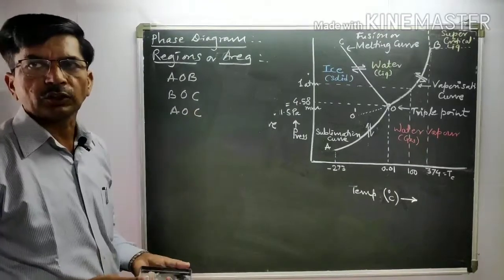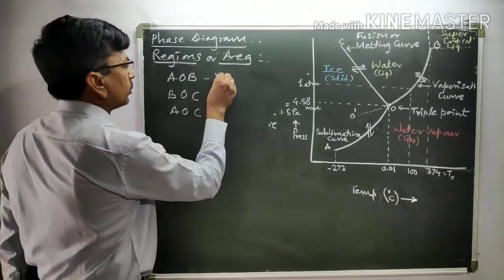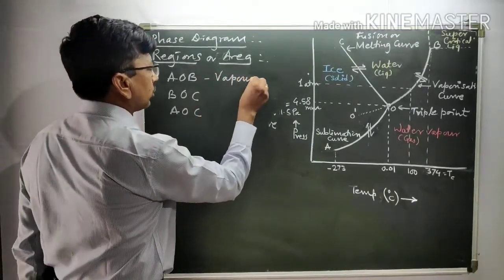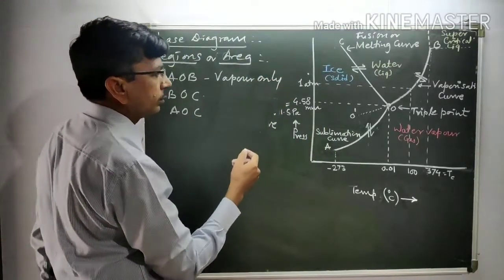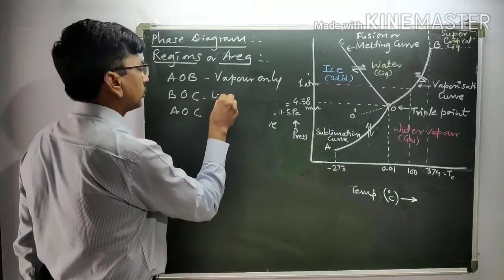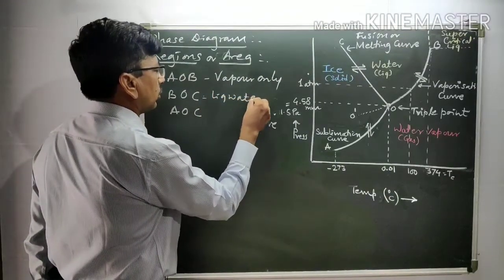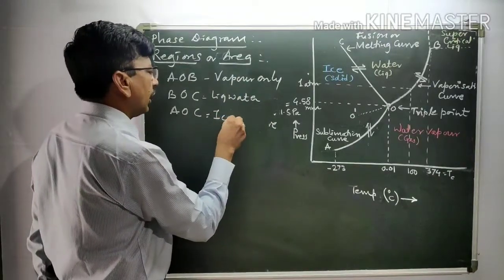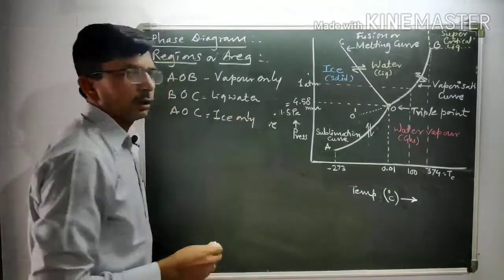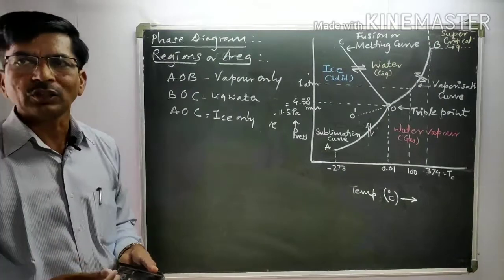These are the three areas. In AOB, only one state is there, that is vapor only. In BOC, it exists as liquid water, and in AOC it exists as ice only. That is, only one phase exists.